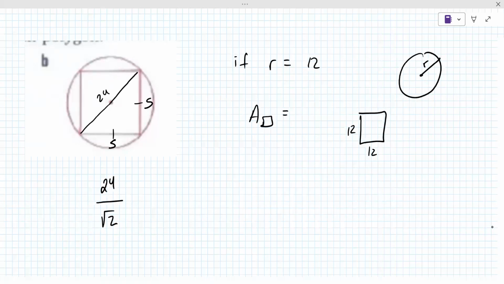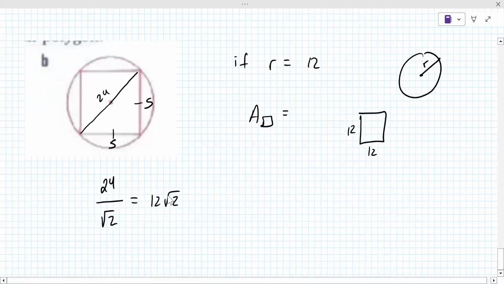So this ends up being 12 square root of 2. Yeah, 12 square root 2. And I just need to put it like that. I don't need to have like the precise number. Well, this is the exact answer here.